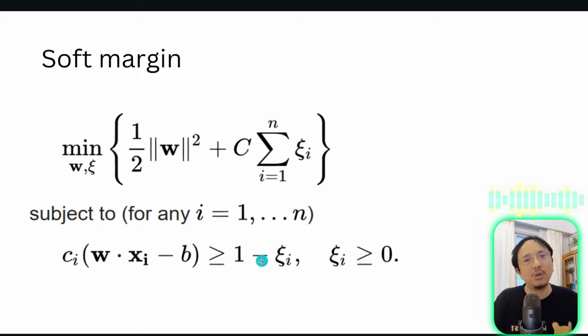We just introduce some penalties here, the eta i, some penalty. If the condition is satisfied, we can choose this to be 0, because it cannot be negative.